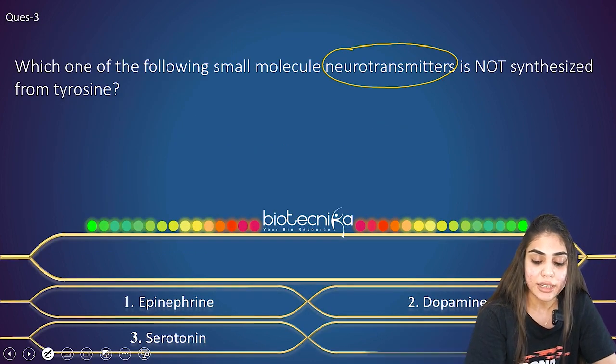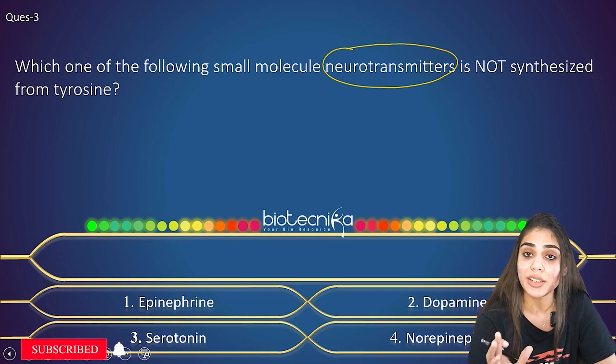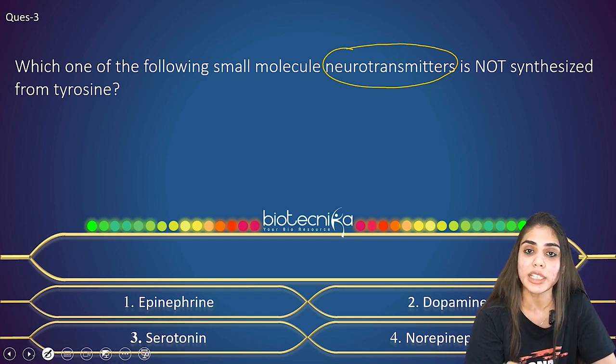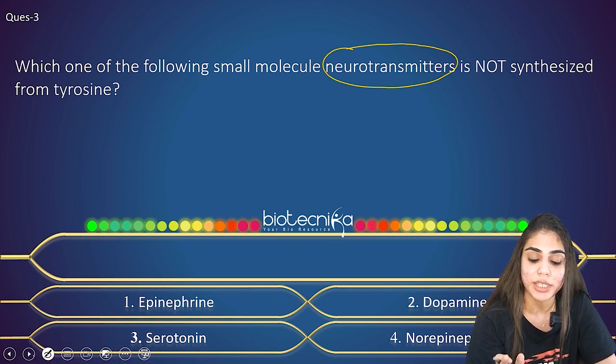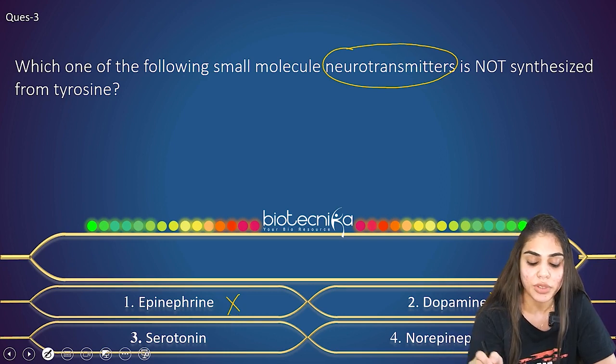It is asking which of the following small molecules is not synthesized from tyrosine. Is it epinephrine? No, we have seen epinephrine is derived from tyrosine itself. Dopamine, no, it is also derived from tyrosine. Serotonin, we have not seen serotonin.